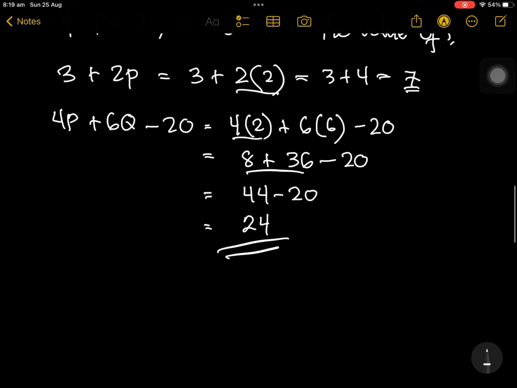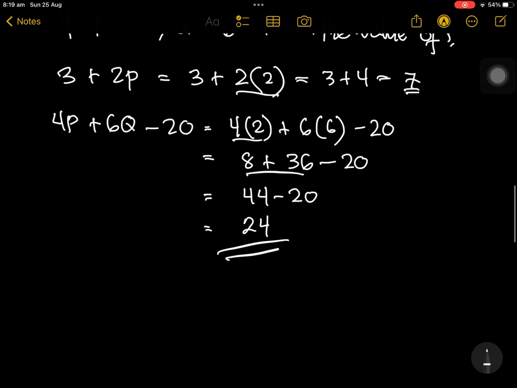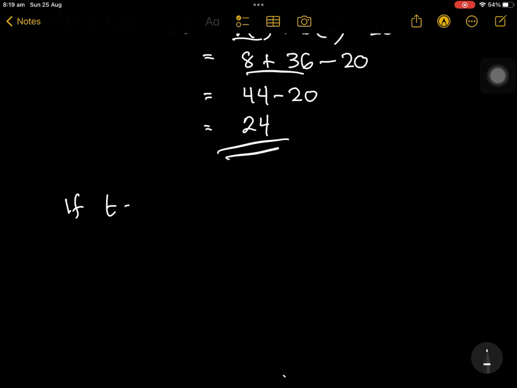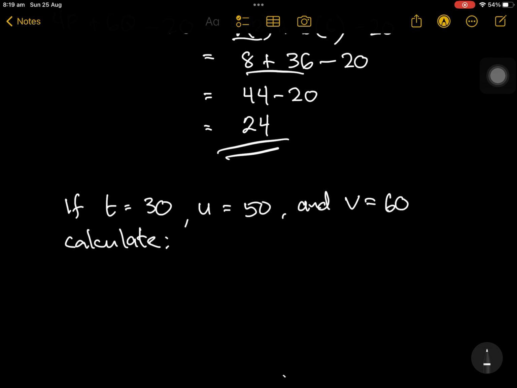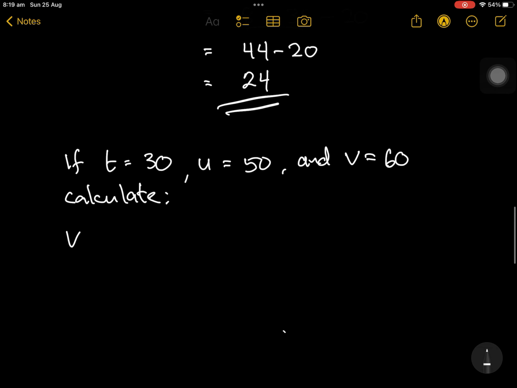Okay, last one. What if you have t is equal to 30 and u is equal to 50 and v is equal to 60? So calculate v plus 2u.